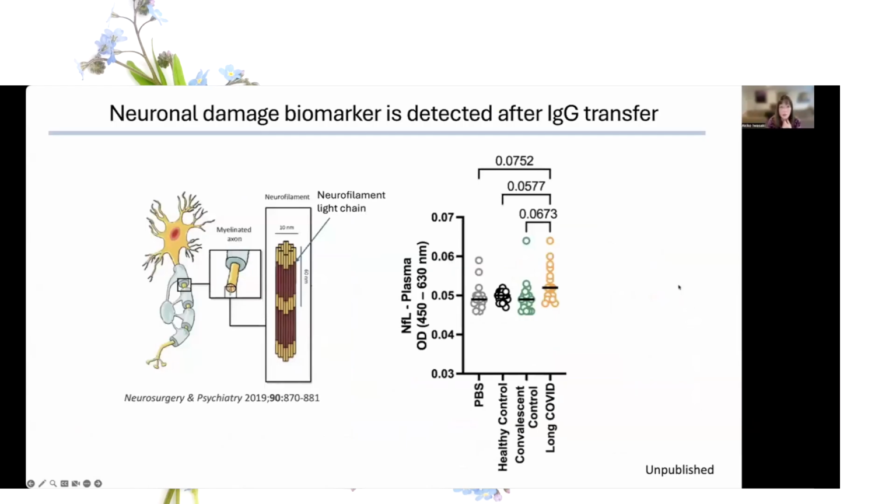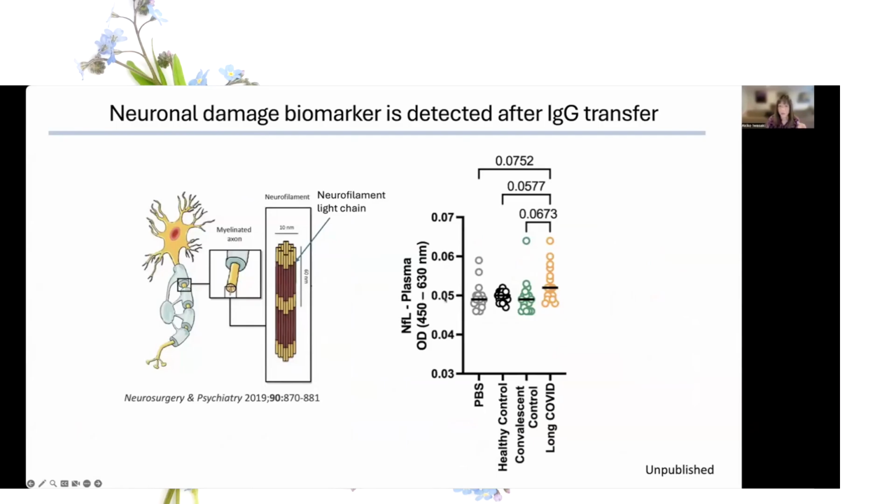And we have another objective measure of neuronal damage, which is to look at the integral component of the axons, which is the neurofilament light chain. It's within the neurofilament of the axons, and you only see levels of neurofilament light when there's axonal damage.